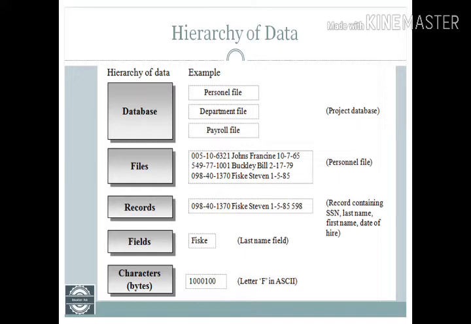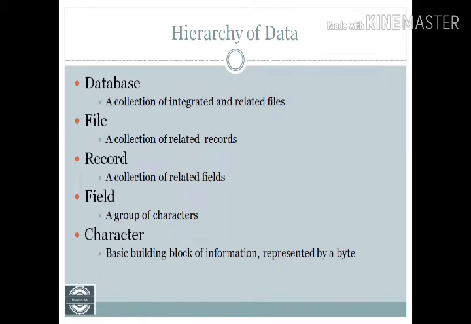Some records create some files, and some files create the database. So this is the hierarchy of data. Now, some terminology we have to know for the hierarchy of data. Character is the basic building block of information, that means the smallest part.